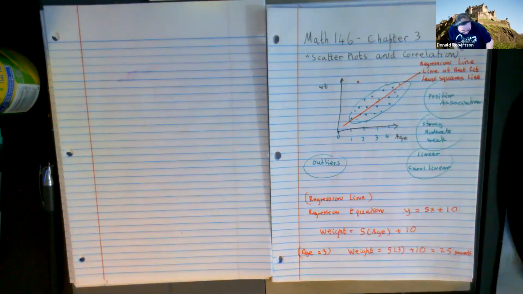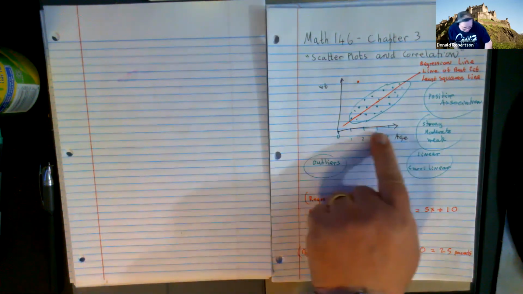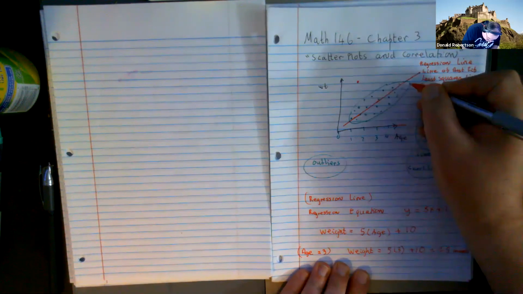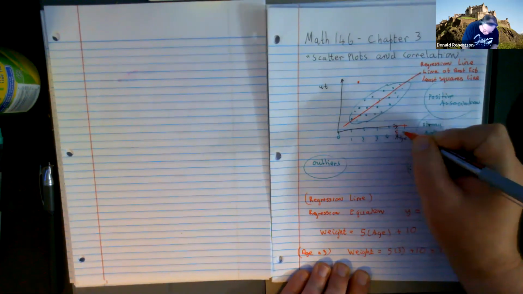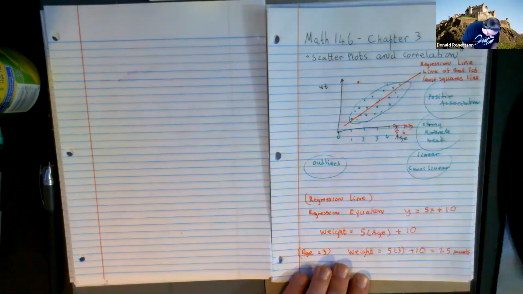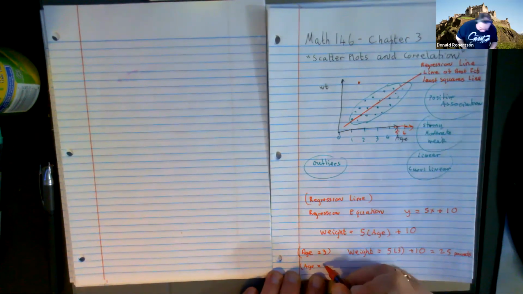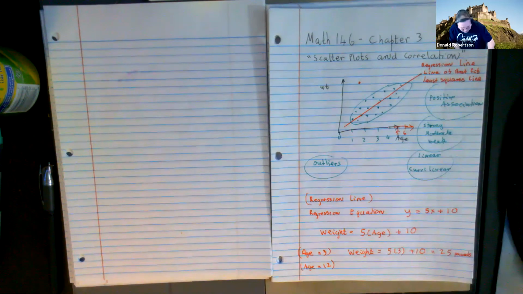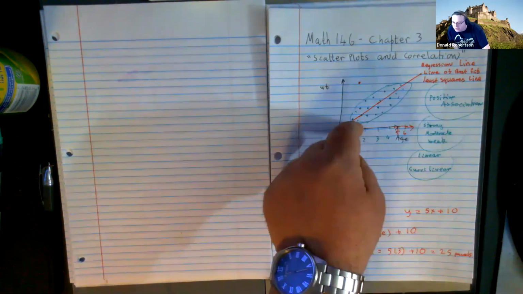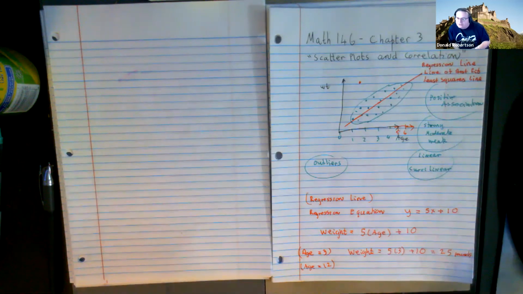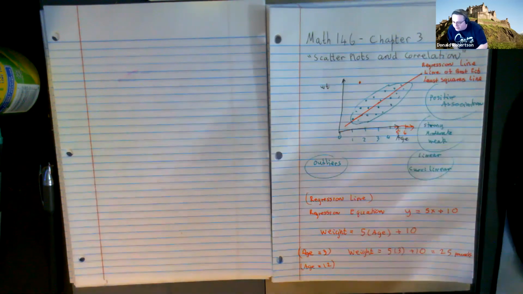Now, my data only goes from 0 to 6 months, right? But I could use it to predict what a 12-month-old elephant would weigh. Because can you imagine if that line just continued a little bit further and we expect the elephants to continue to grow, at least for a little while longer, at the same sort of rate?